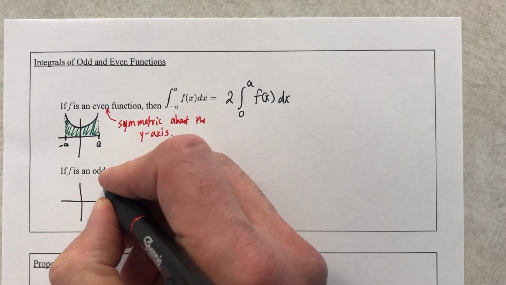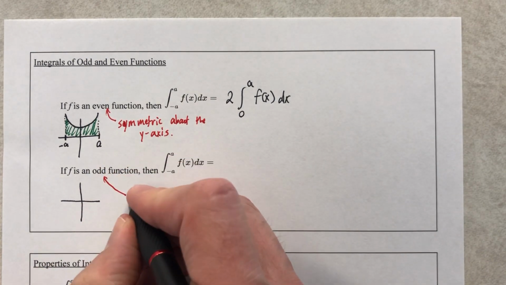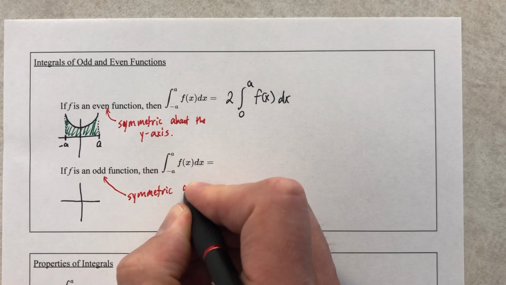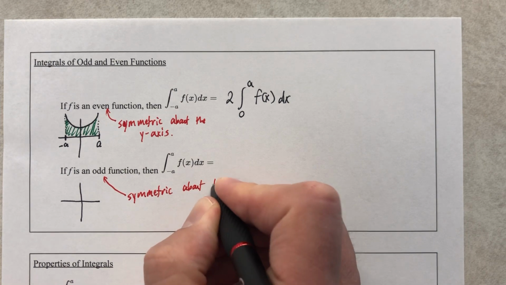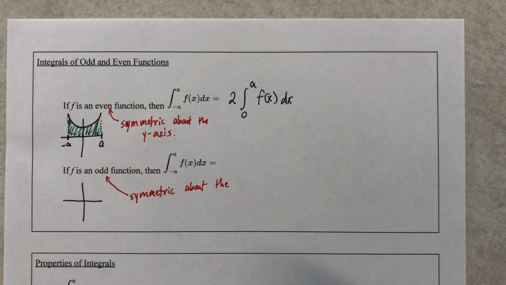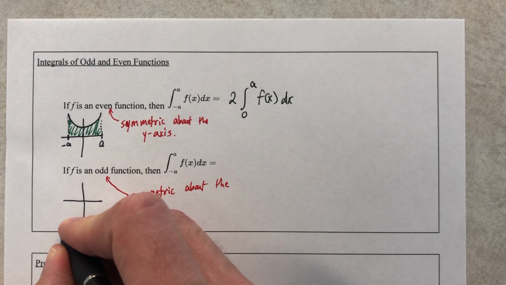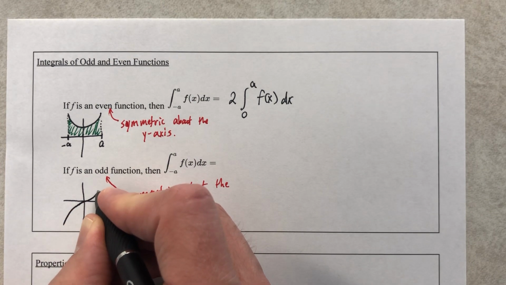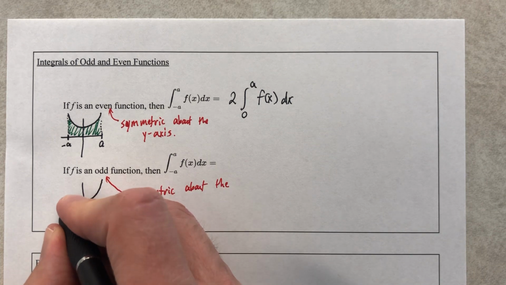Okay, odd functions are symmetric about the, wait for it. You want to say x-axis, don't you? No, they're not. For example, an odd function would be like y equals x to the first power, or y equals x cubed. That's the one I'm going to draw. Let's draw y equals x cubed, which would be something like this, drawn somewhat well.